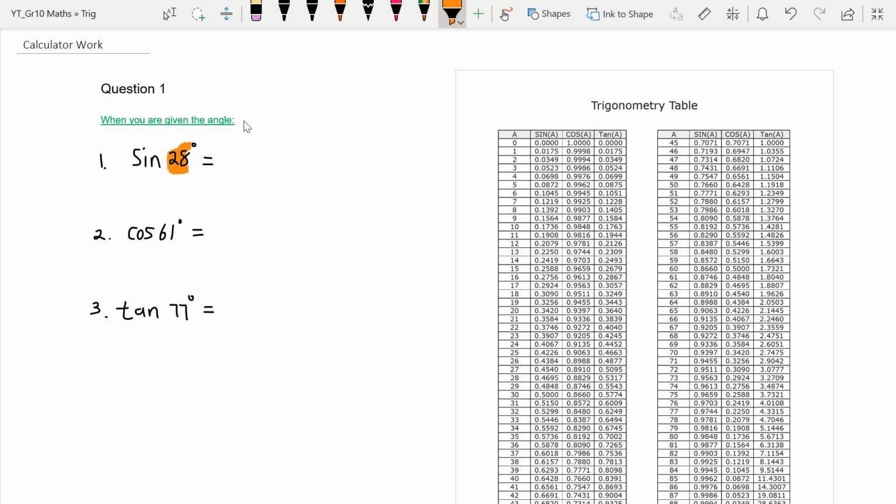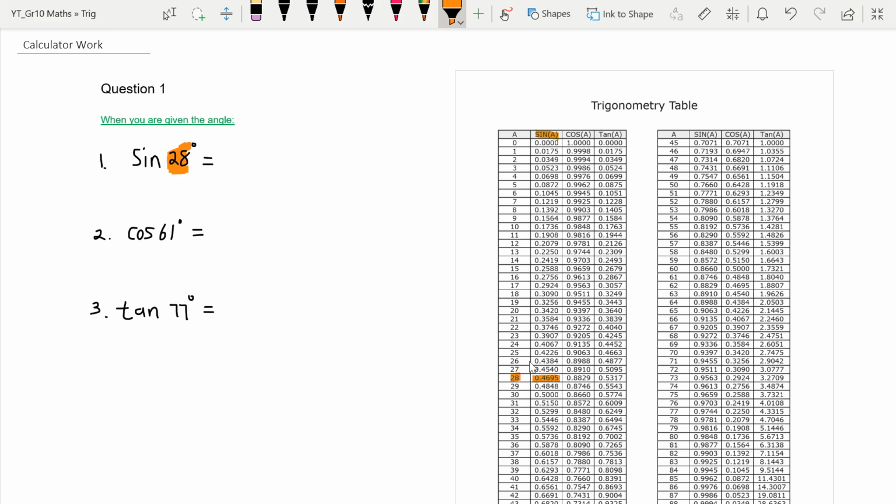Sine 28. Let's go to the table. We're going to use our calculators in a moment, but let's go to sine 28 on the table. My angle is 28 and sine is 0.4695. That is the ratio of the two sides. And we know that sine is opposite over hypotenuse.